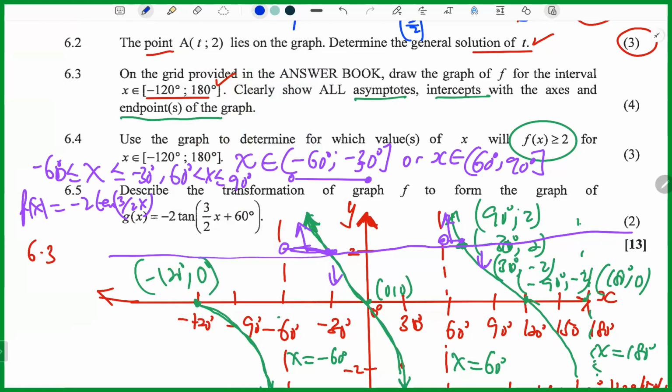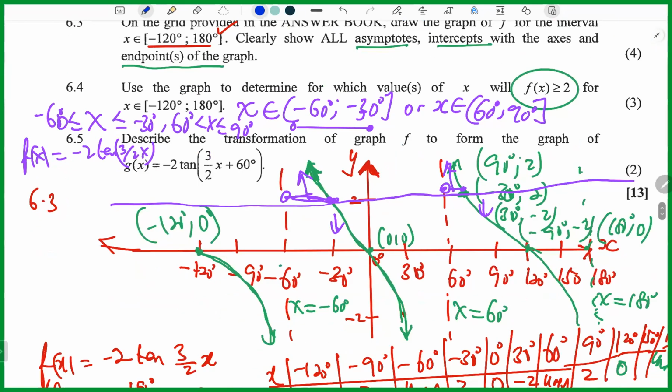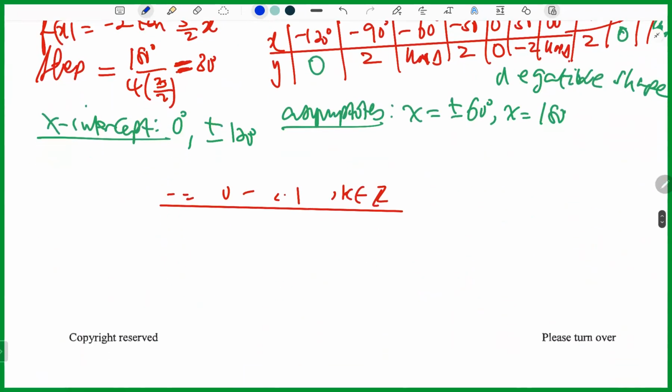So there was the function f. The function f of x was minus 2, the tangent of 3 over 2 x.